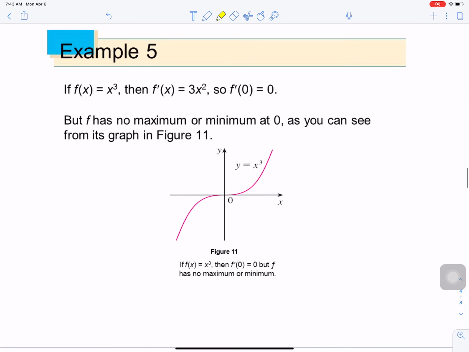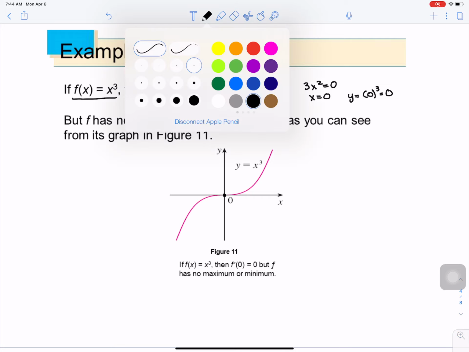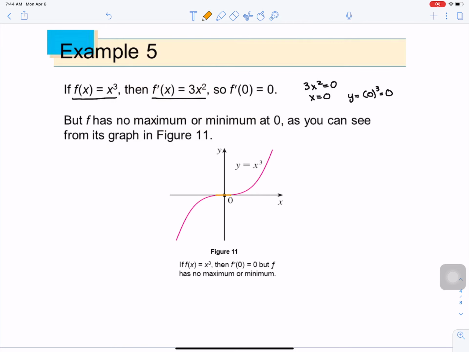So they go through an example here with us. So here's my cubic function. I take the derivative, set it equal to 0. So 3x squared equals 0. So that would mean x is equal to 0. When x is 0, y is 0 cubed, which is also 0. So that tells me that the derivative at 0 is 0. So this is a point where the slope is actually 0, but it doesn't have a max or min.